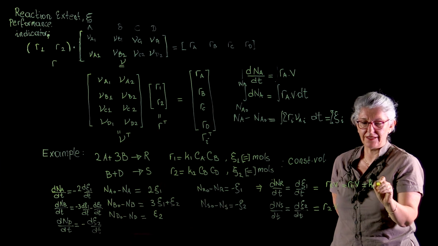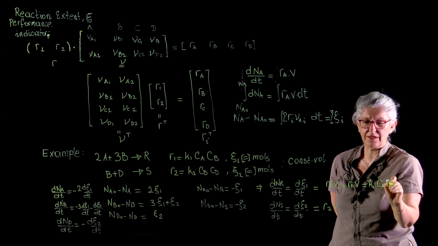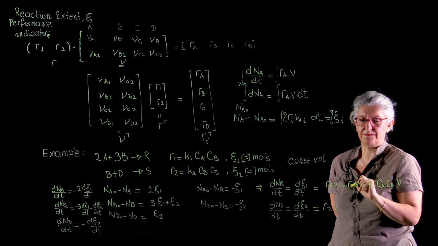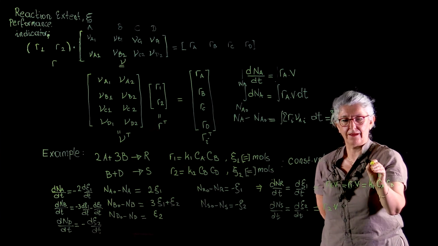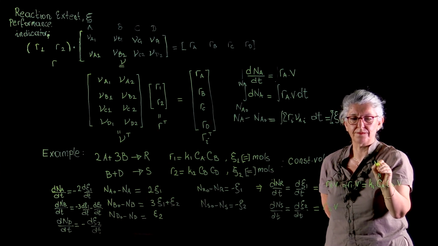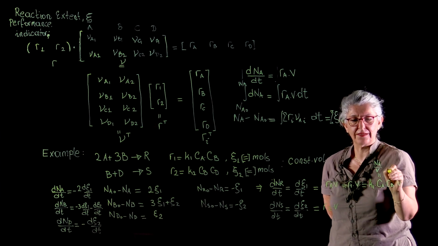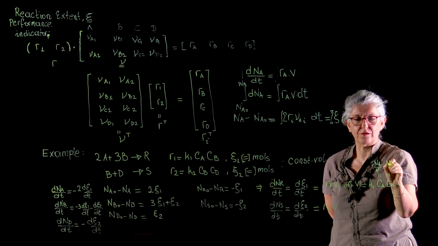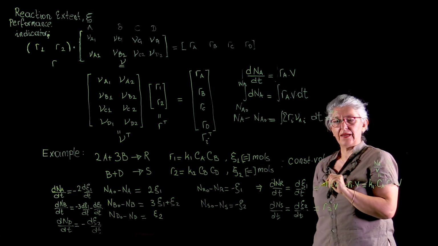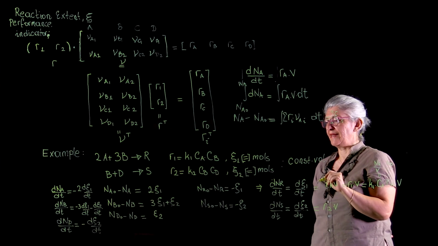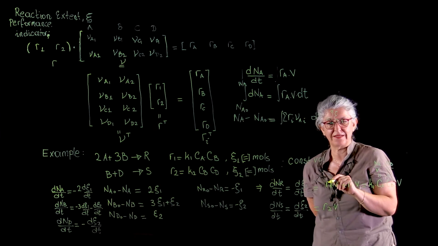Okay, K1, I will write Ca times Cb times V. Ca is Na over V. Cb is Nb over V. And Na and Nb are expressed in terms of reaction extents.